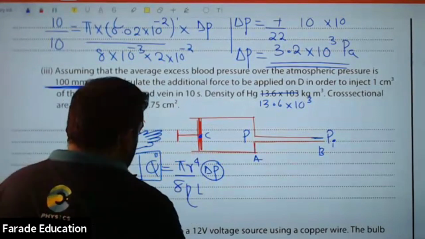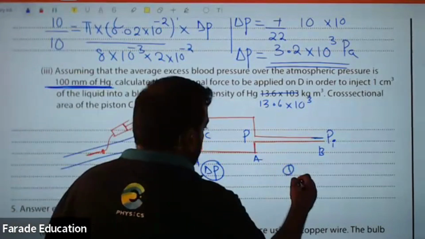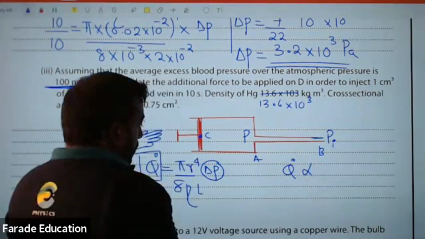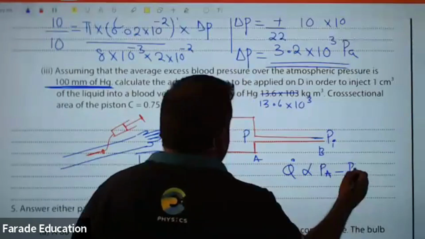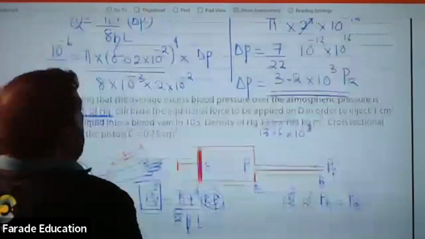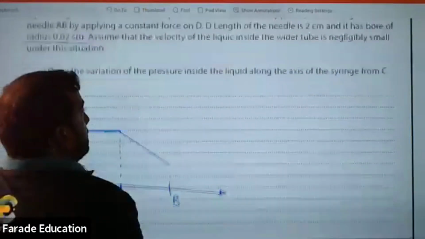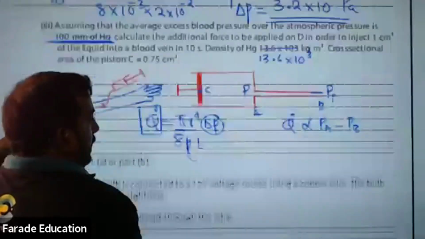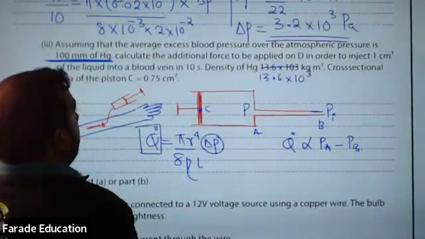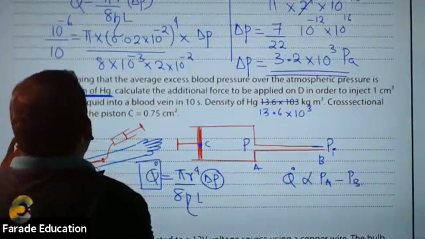So in the earlier situation, Q dot is proportional to the earlier pressure A minus pressure B. If you look at the picture here, A B, right? Pressure A minus pressure B that we found was 3.2 times 10 to the power 3 Pascal.